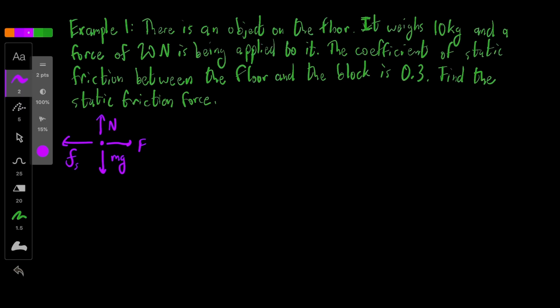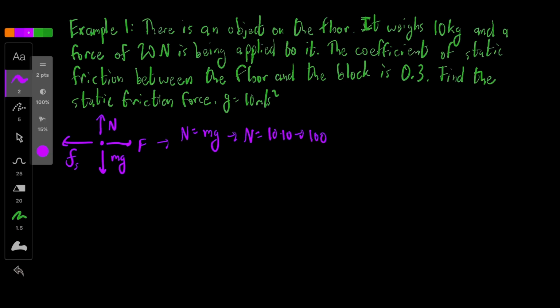Now, since this object is not floating or sinking into the ground, the normal force is equal to the weight. We're going to assume g is equal to 10 meters per second squared, so the normal force will be 10 times 10, or 100.